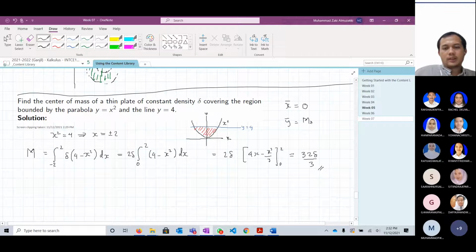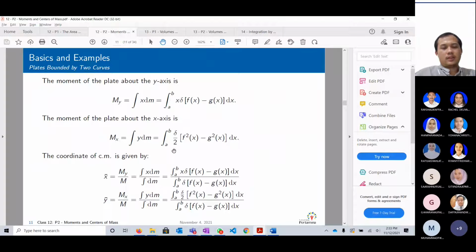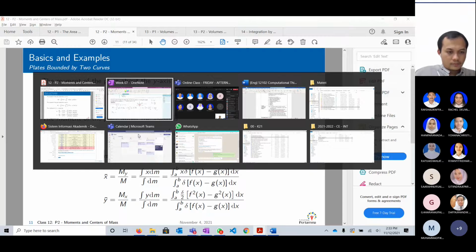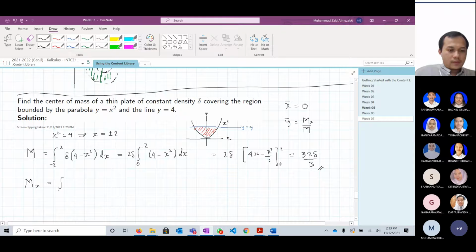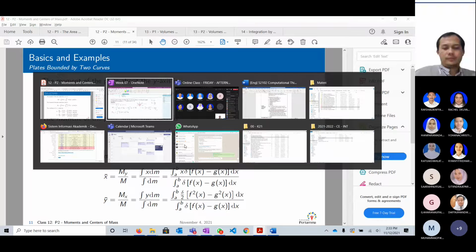Since we want to find y bar, it is equal to the moment about x divided by the mass. The moment about the x-axis is the integral from minus 2 to 2 of delta over 2 times 4 squared minus x squared squared dx.